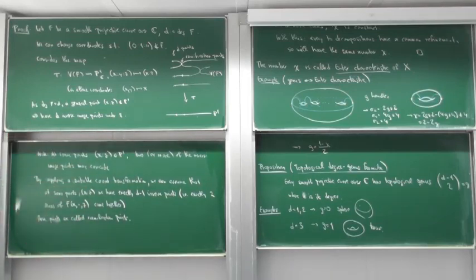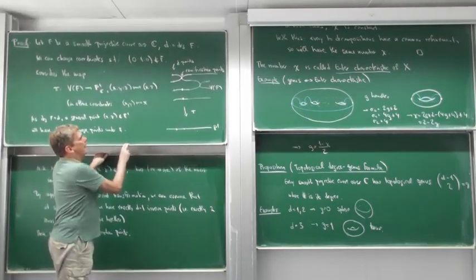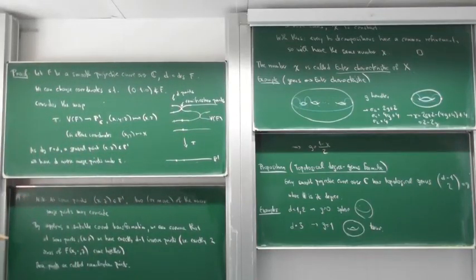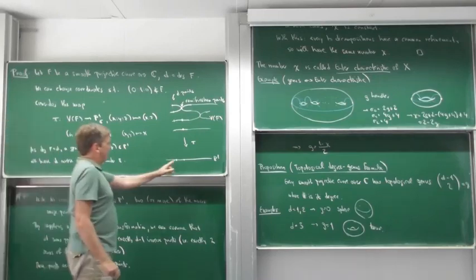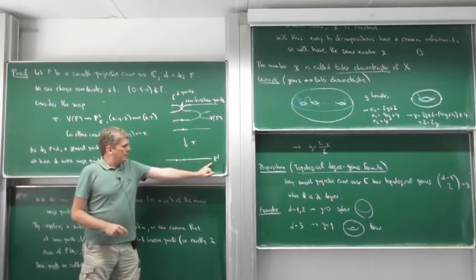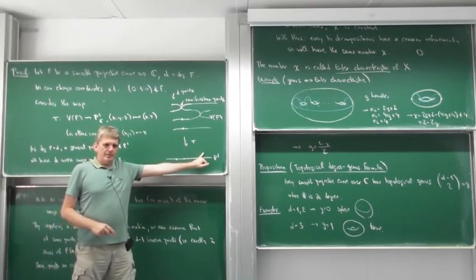And what we want to do now, but probably not today, is we then take the P1 downstairs. Let me just stop there, continue next time. For the P1 downstairs, we pick a cell decomposition.